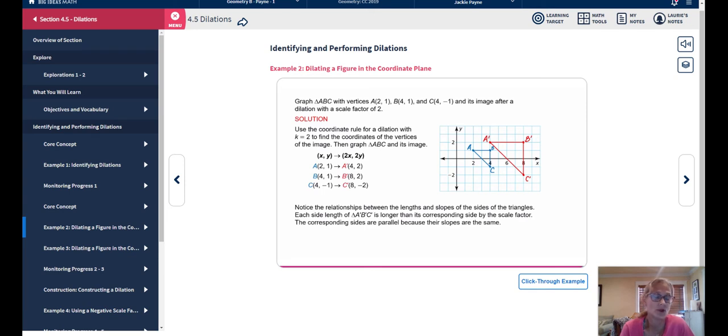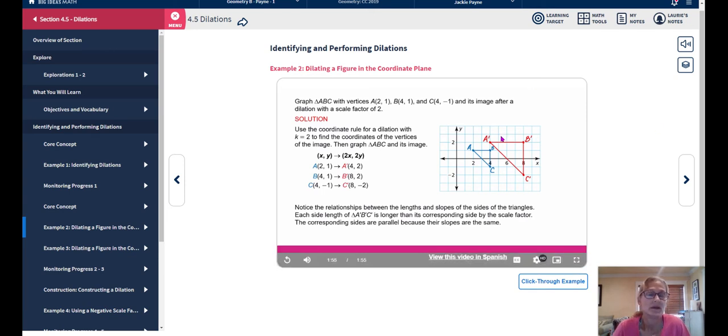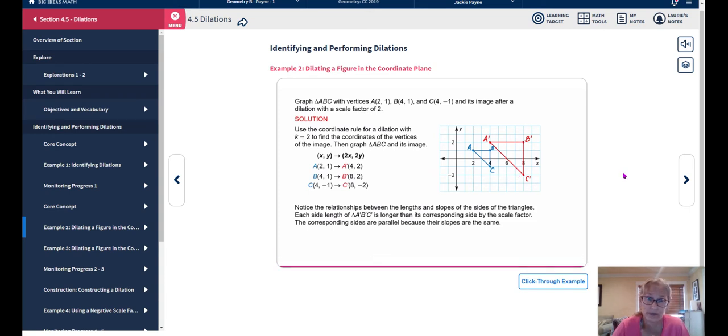So you should notice here, A prime B prime is 4 units long, AB is 2 units long. So as long as you just apply this rule, you'll get exactly the same.